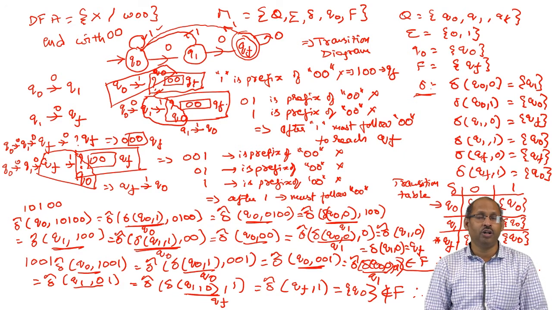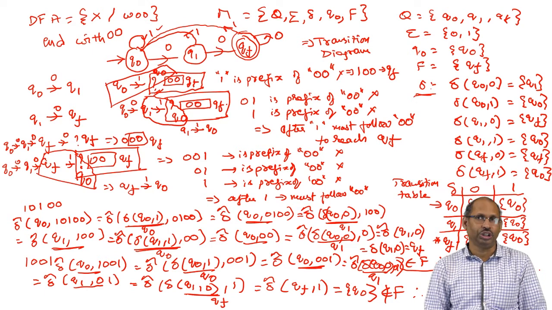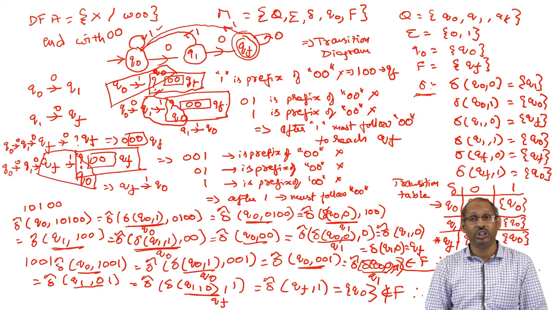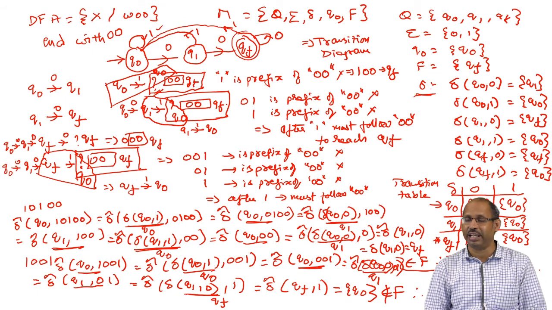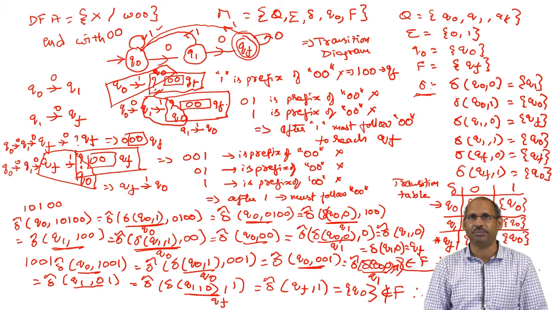So, till now we have seen two examples. The first contains two consecutive zeros; the two zeros might be at the starting, middle or end, and it will be accepted. Our second example is ending with two zeros.